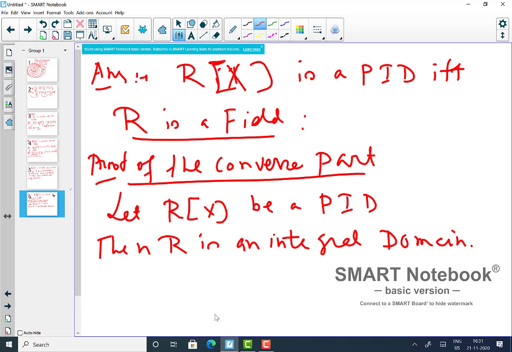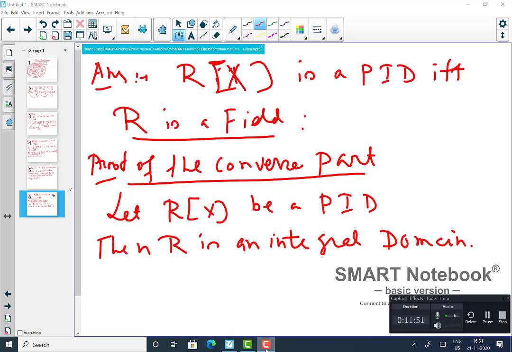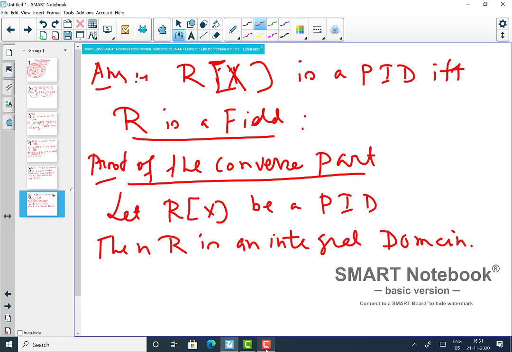Now you see that the ideal generated by the indeterminate x is a prime ideal, right?